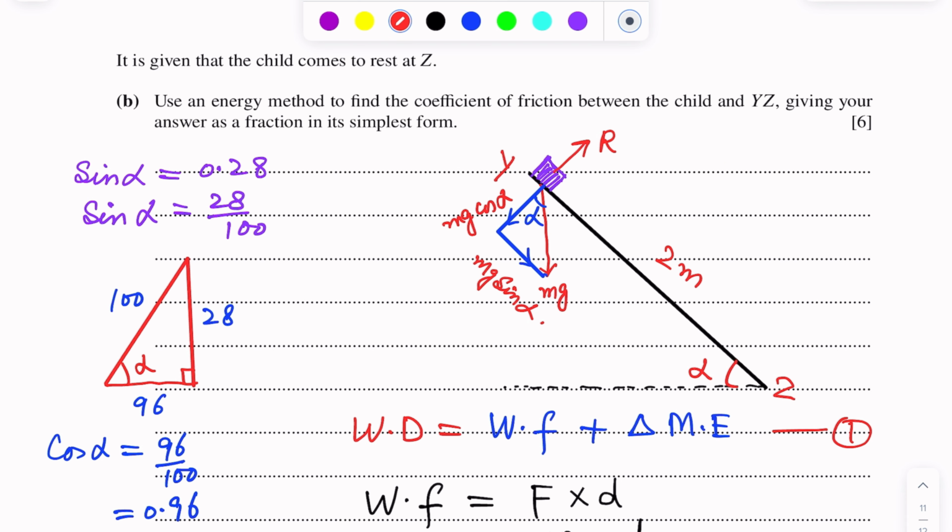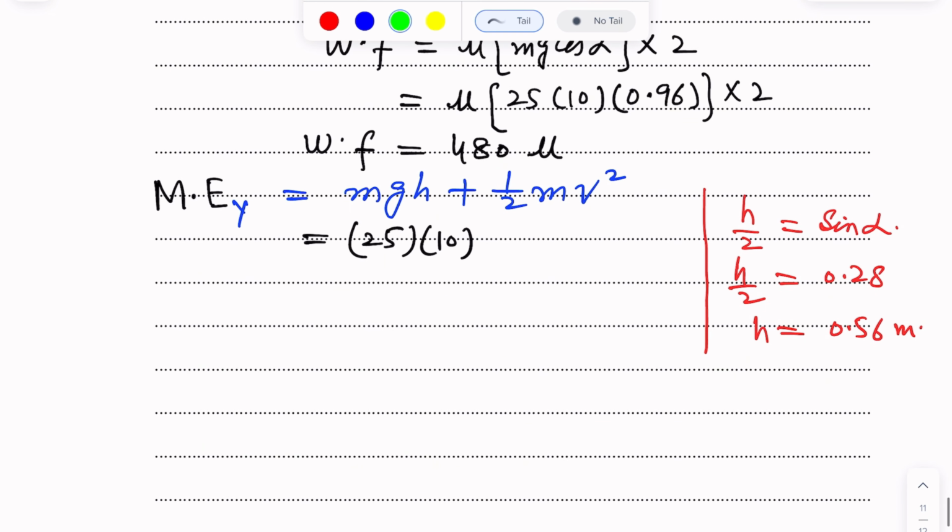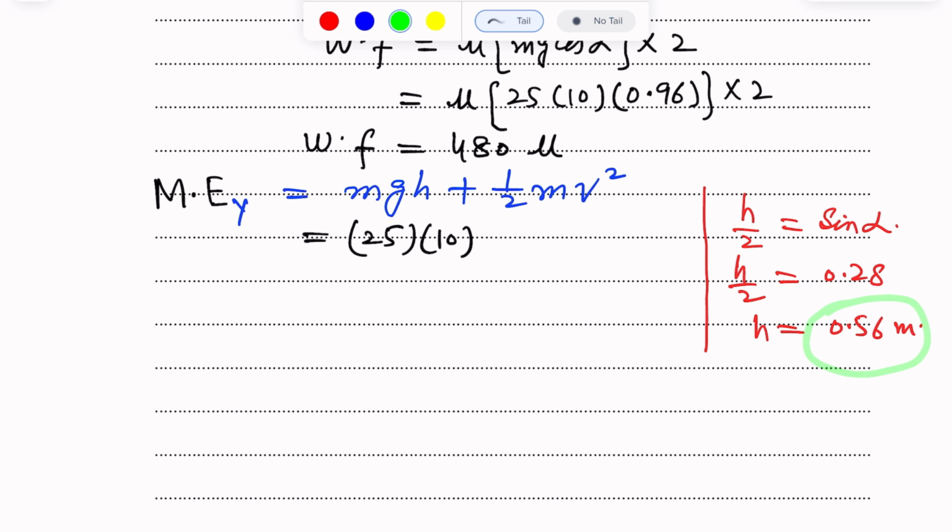So we have found that this height is 0.56 meters.